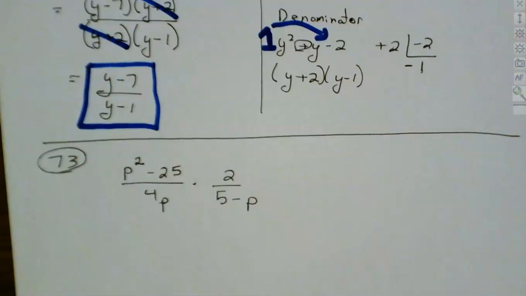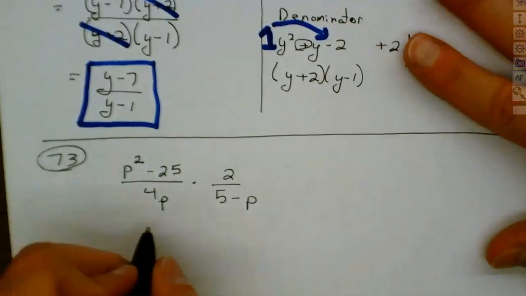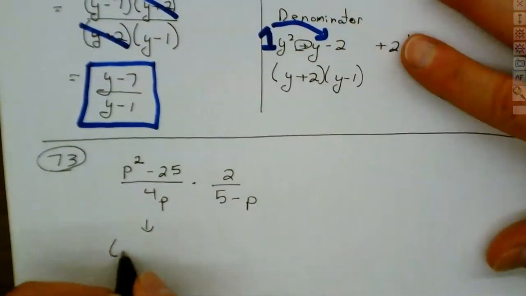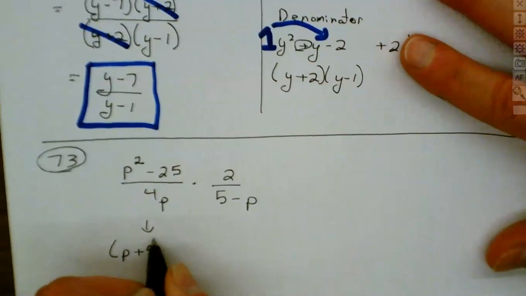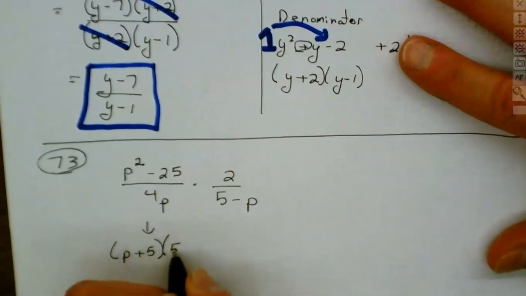The first thing I would notice is I would look at this and I would see that in this first fraction, we have a p squared minus 25. And we know that 25 is a perfect square of what? 5. So this will factor right here as p plus 5. Okay. Let me write it in the right order. P minus 5.